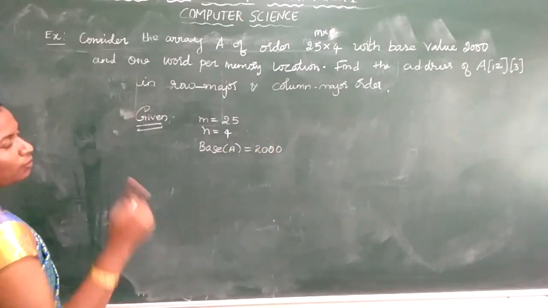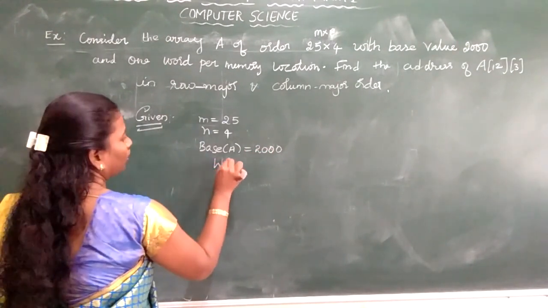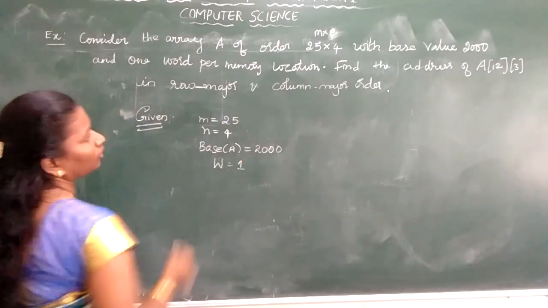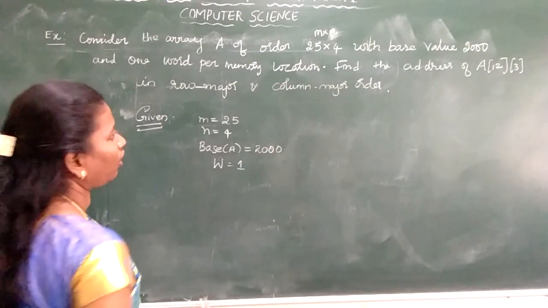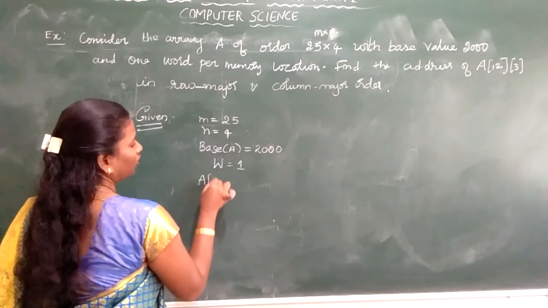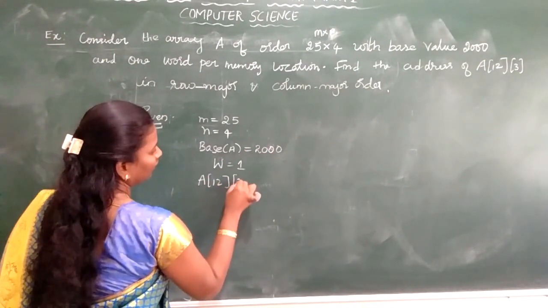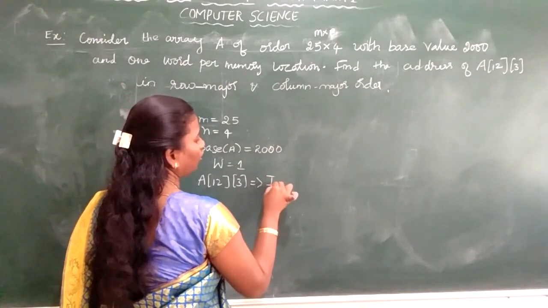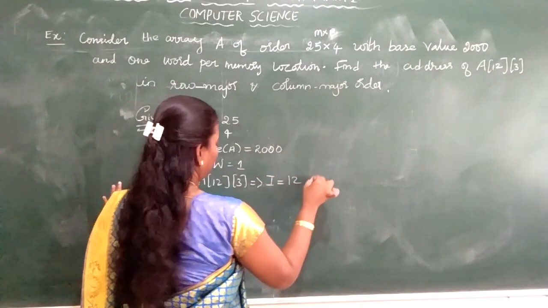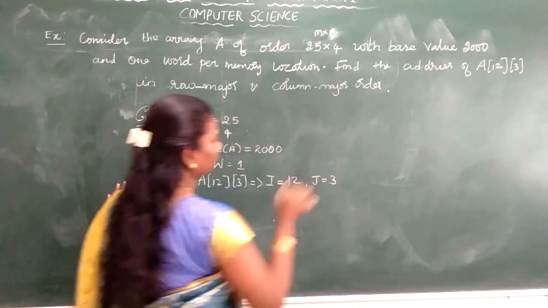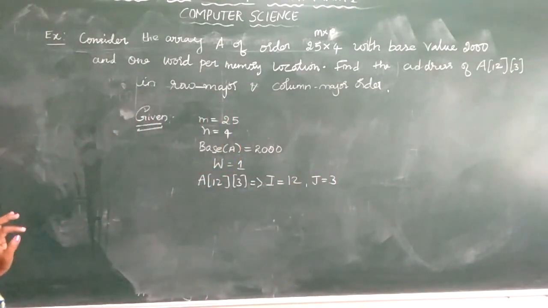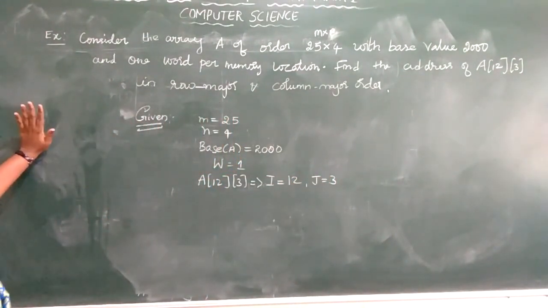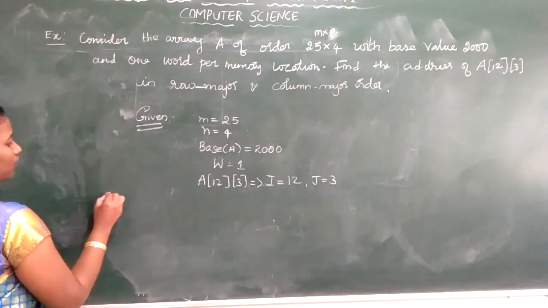And one word per memory location, that is your W. Your W is 1. Find the address of A of 12 and 3, they are given. So your I is 12, J is 3. In row major and column major, first I will solve this for row major.